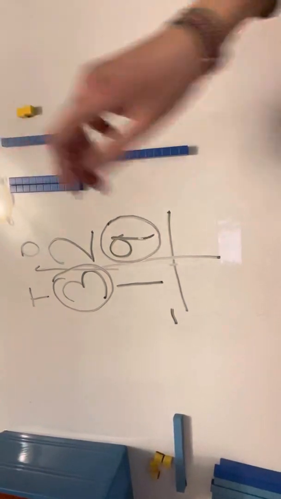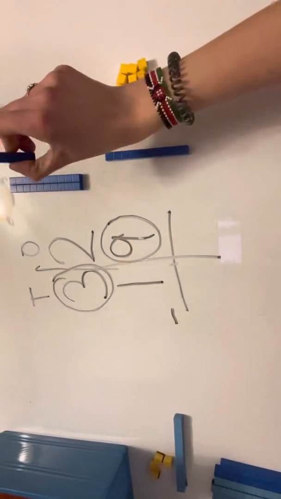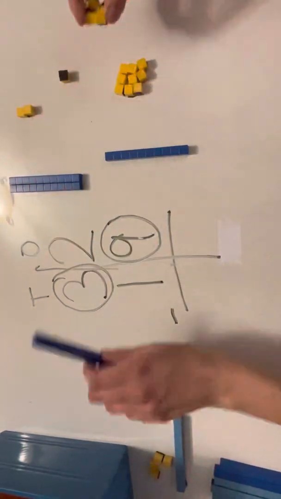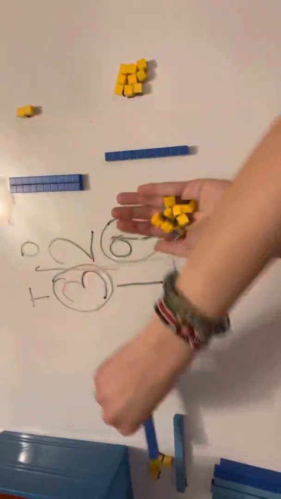You can take one of us. But now, remember, when we were adding, the tens do not want to hang out in the ones place. So we have to take this 10 and break it apart into 10 ones, because this 10 is not going to go over here and hang out with the ones. So we have to make him into 10 ones.